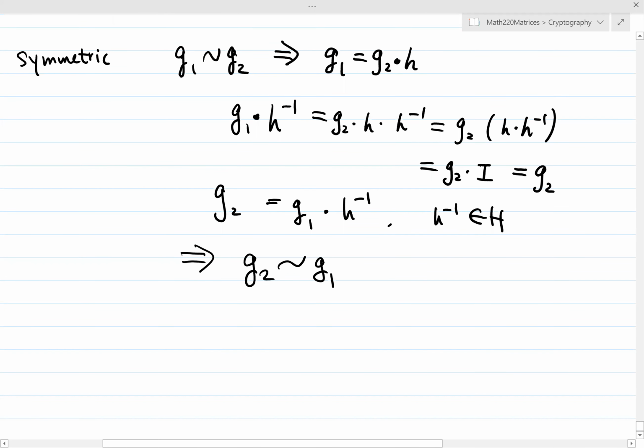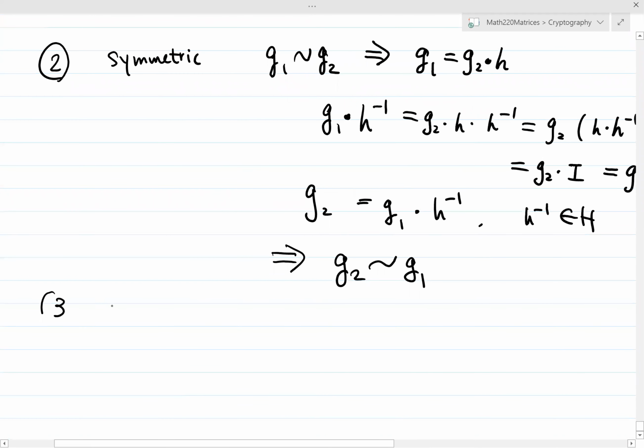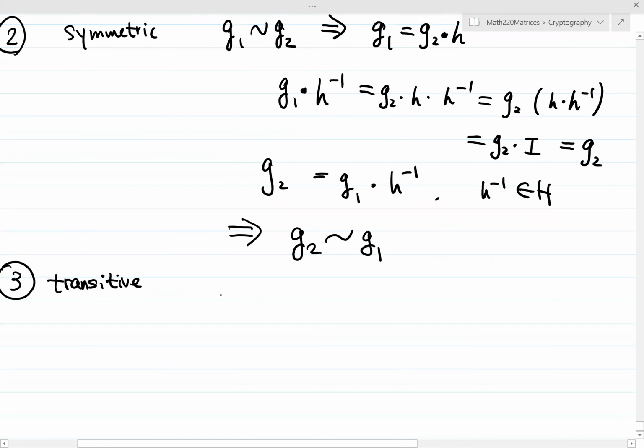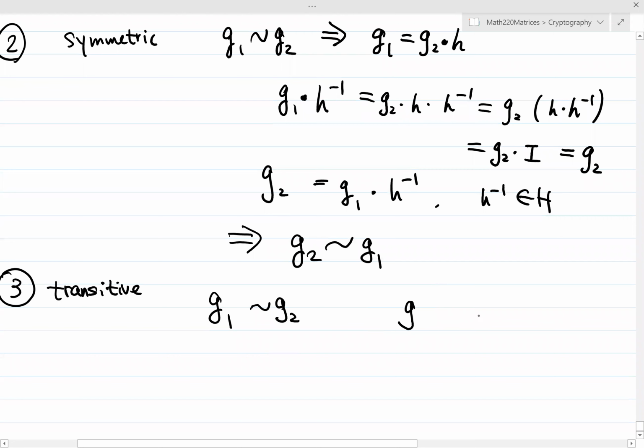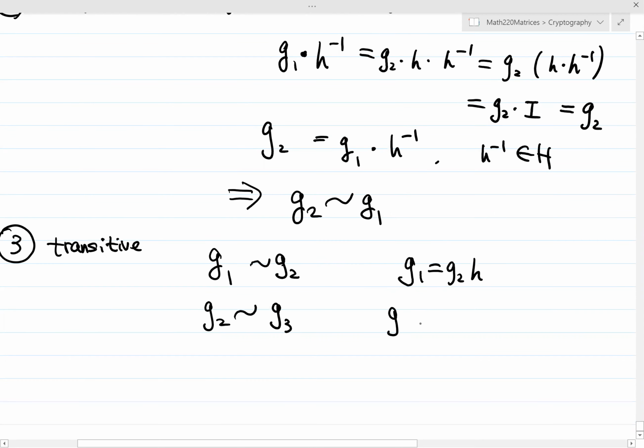Now the third is transitive. Suppose g1, g2 satisfy this relation. This tells us that g1 is g2 multiplied by h1. Now g2, g3 satisfy this relation, which tells us g2 is g3 multiplied by another h2.